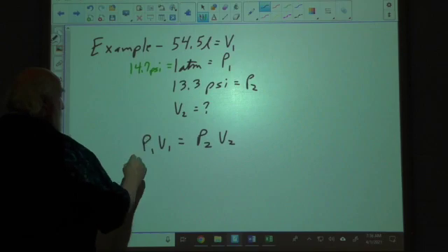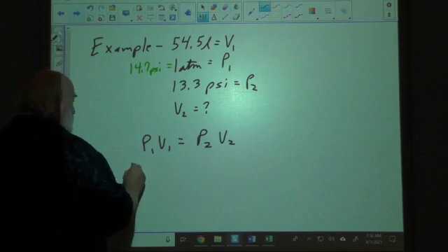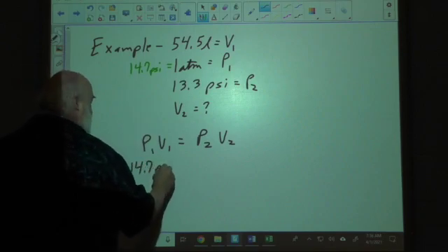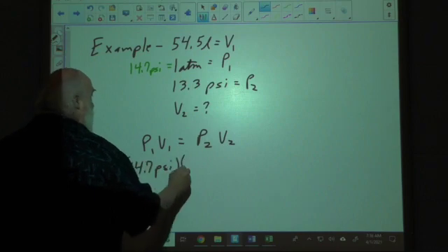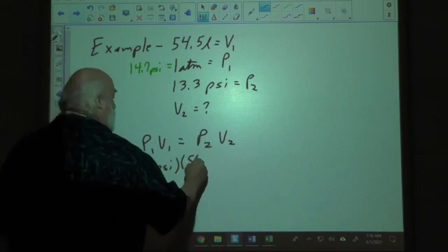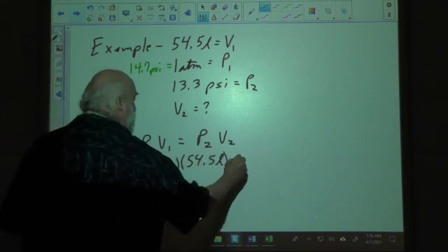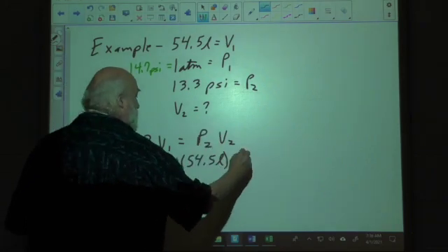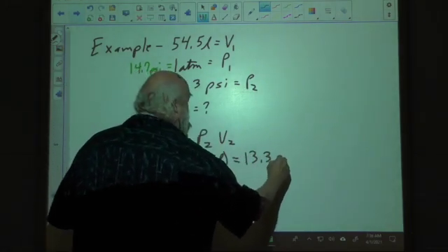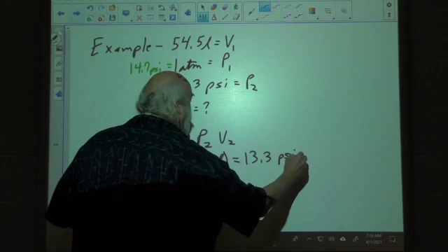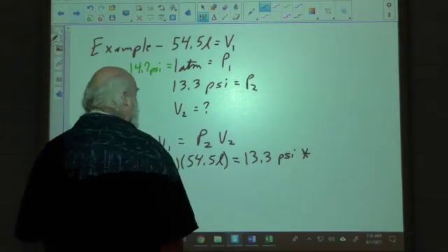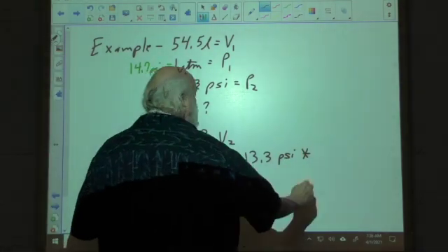So the first pressure is 14.7 psi times the first volume, 54.5 liters, equals the second pressure, which is 13.3 psi, times V2.